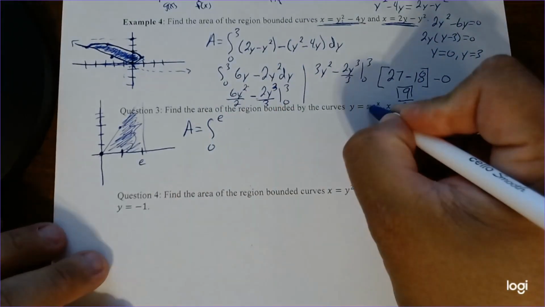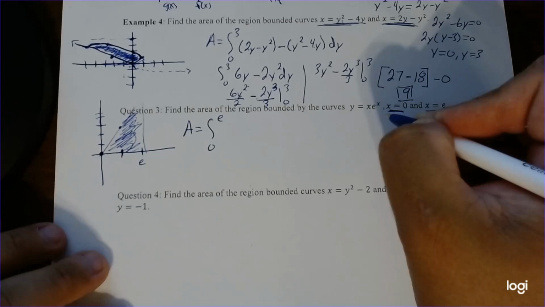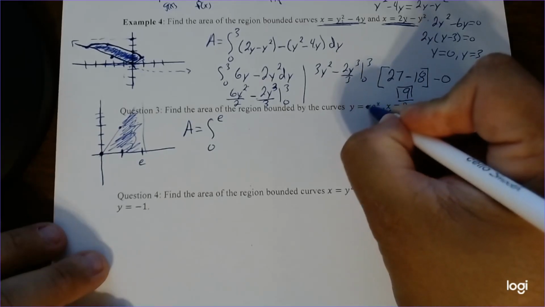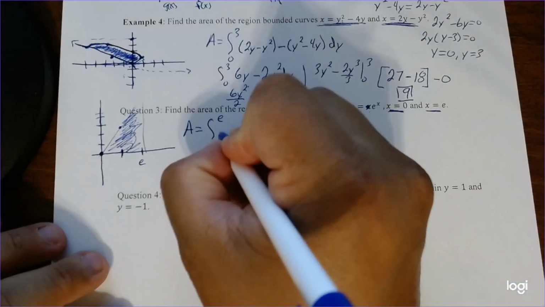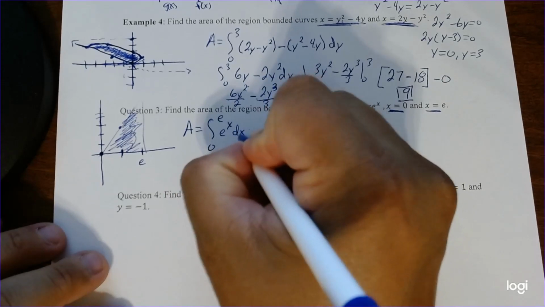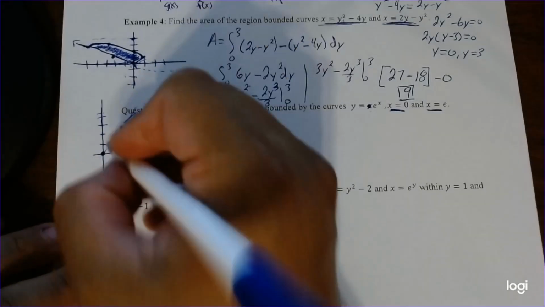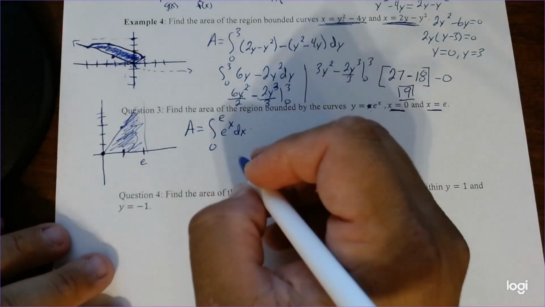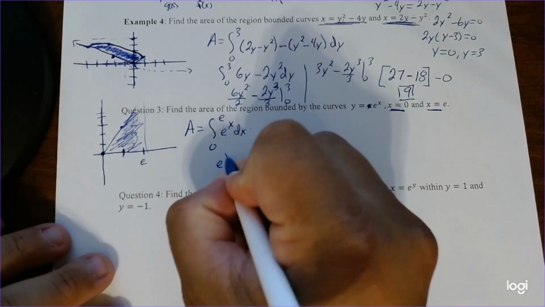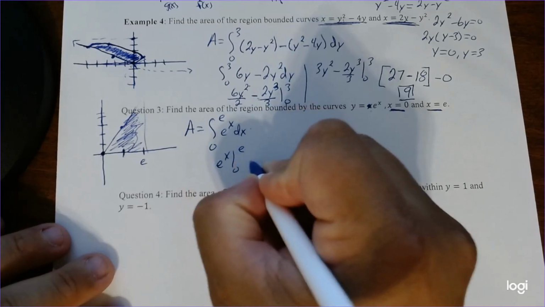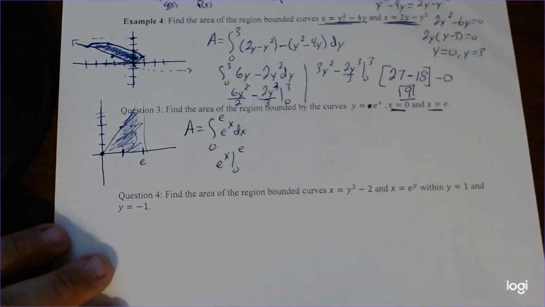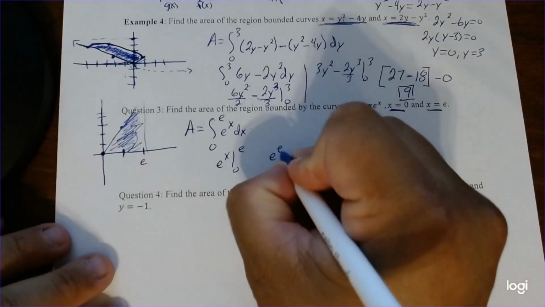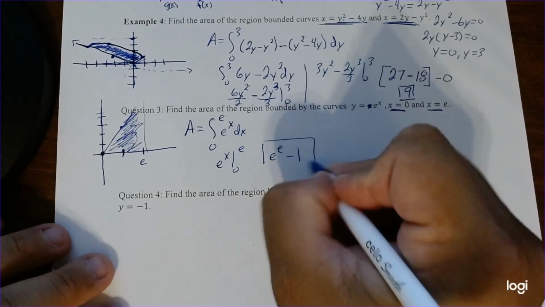Actually, we want this, right? Yeah. E to the x. I don't think you guys have that in your book. So it's a little easier to deal with. So that's just e to the x from 0 to e, and plug it in. So this is e to the e minus 1. And there you go.